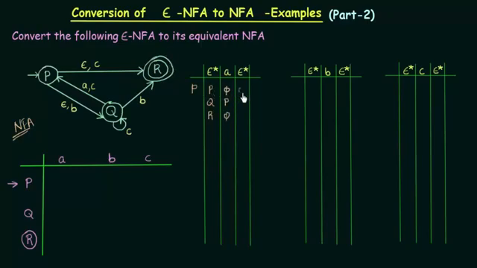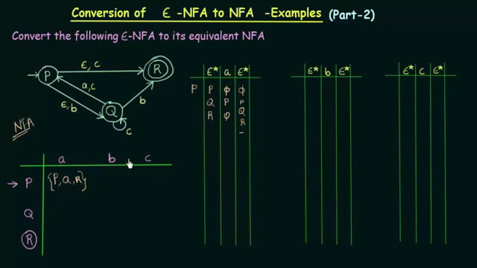Then the epsilon closure will be P, Q and R. We already found out, so let me just write here P, Q and R, and since this is phi, there will be nothing over here. So the final states that we get here are P, Q and R. That means P on input A will go to states P, Q and R in our NFA.